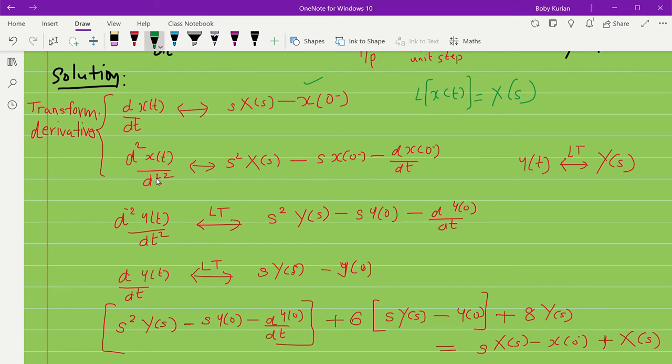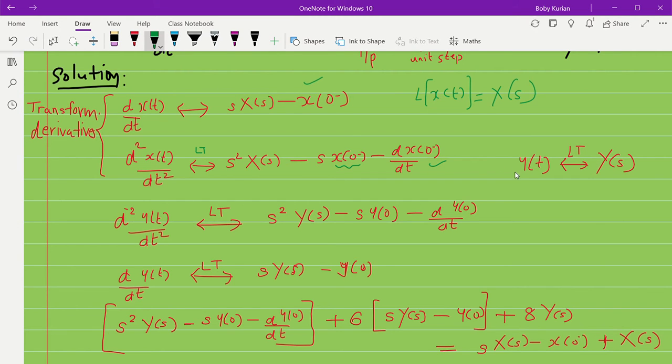Same way, for d square x of t by dt square, the second derivative, its Laplace transform will be equal to s square X of s minus s into x of 0 minus, that is the initial condition, minus d by dt of x of 0 minus.